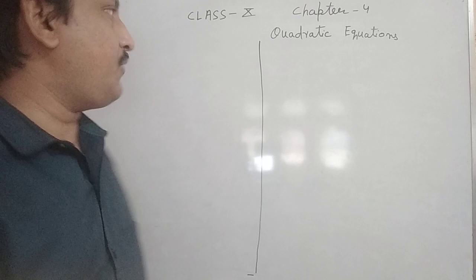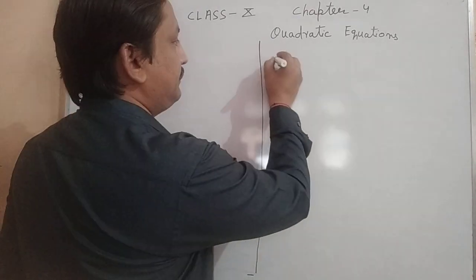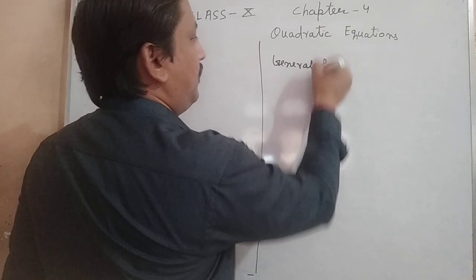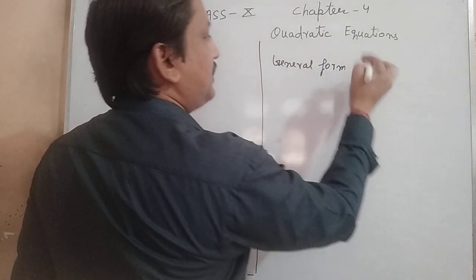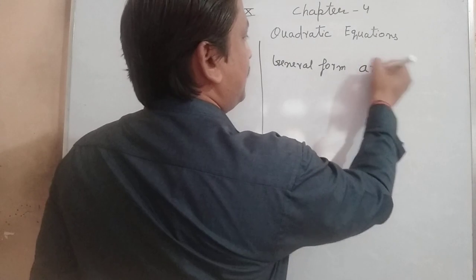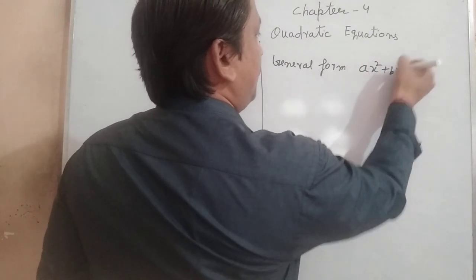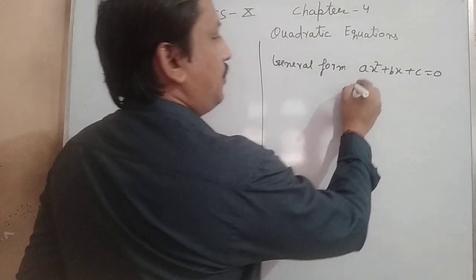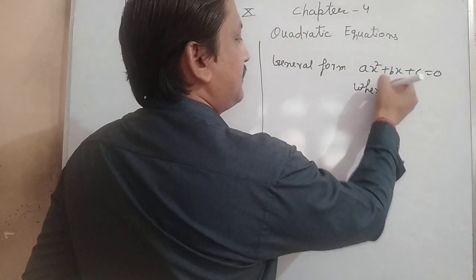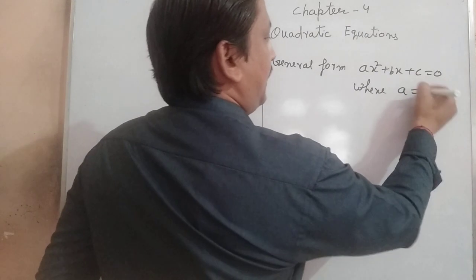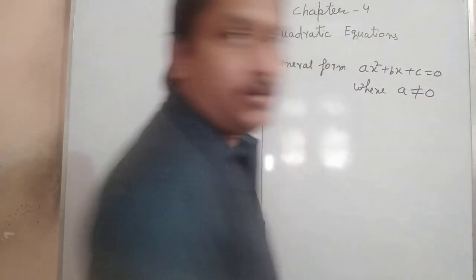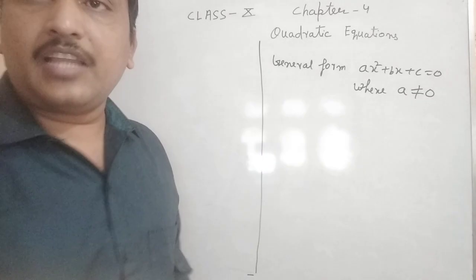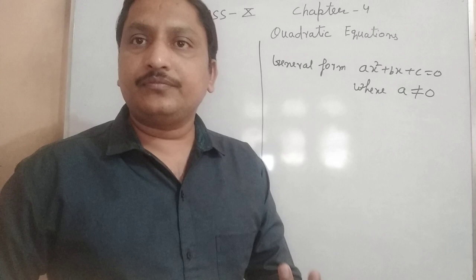So the general form of a quadratic equation is ax square plus bx plus c equals to 0, where a cannot be 0, because as per the definition of the quadratic equation, the equation having degree 2 is quadratic.